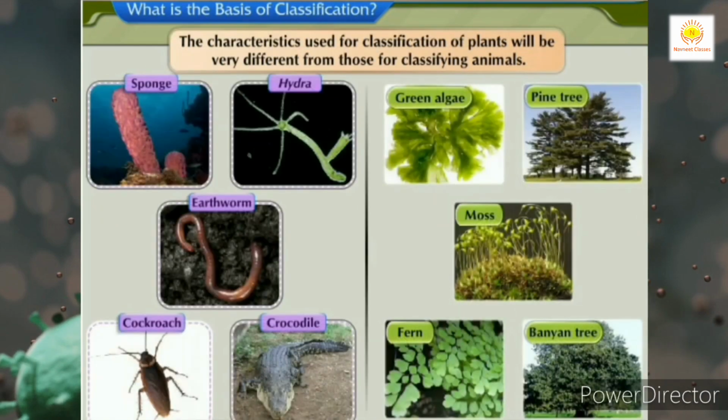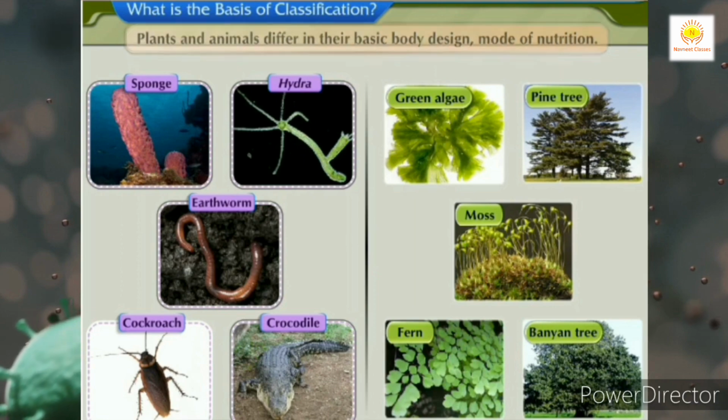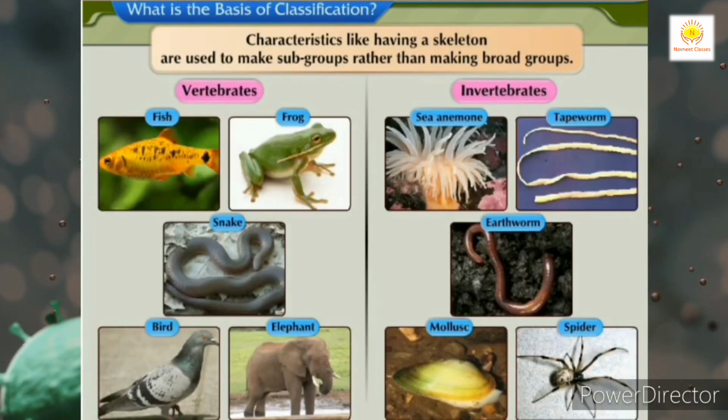The characteristics used for classification of plants will be very different from those for classifying animals. This is because they differ in their basic body design, mode of nutrition, etc. Hence, these characteristics, for example, having a skeleton, are used to make subgroups rather than making broad groups.